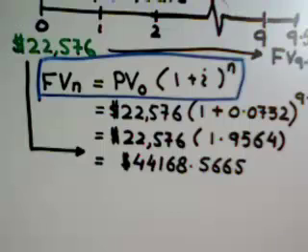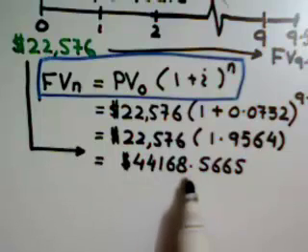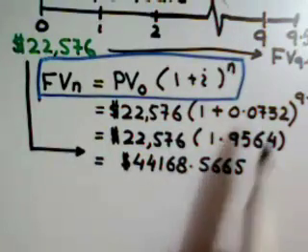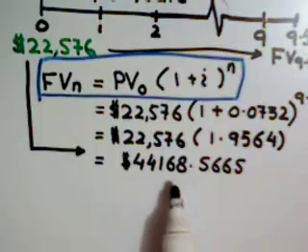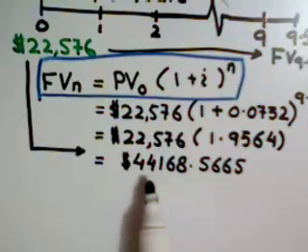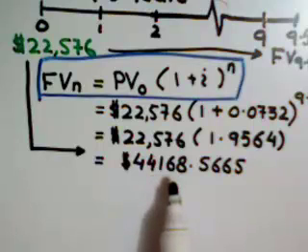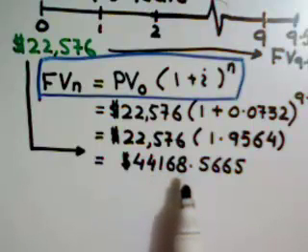For example, somebody can ask: I want to have $44,168 at the end of 9.5 years, and my local bank account pays 7.32% compound annual interest. How much money do I need to deposit today so that I can have $44,168.56 at the end of 9.5 years?